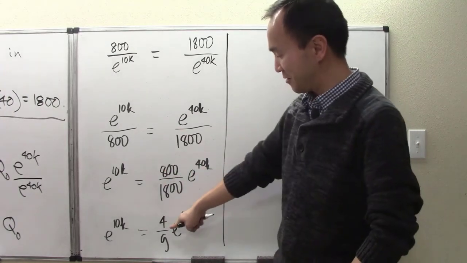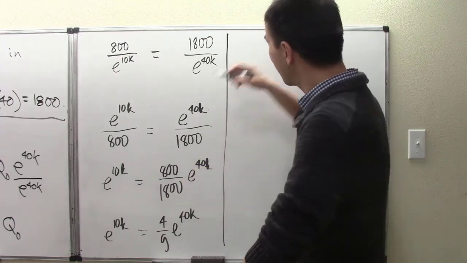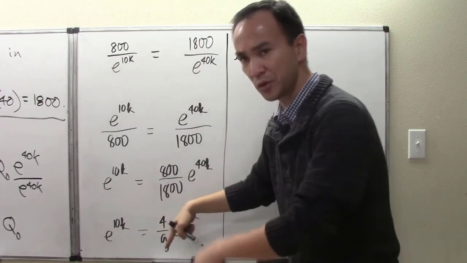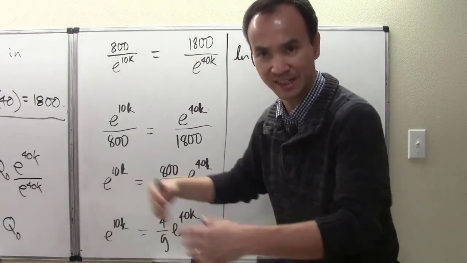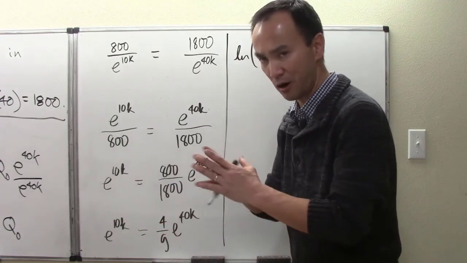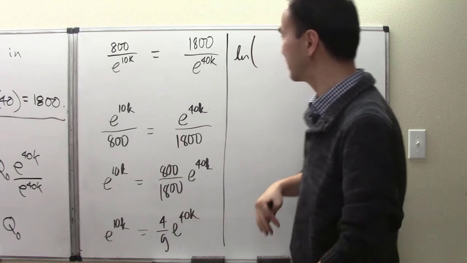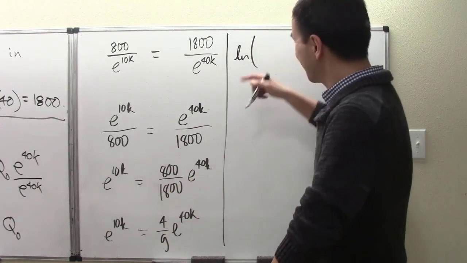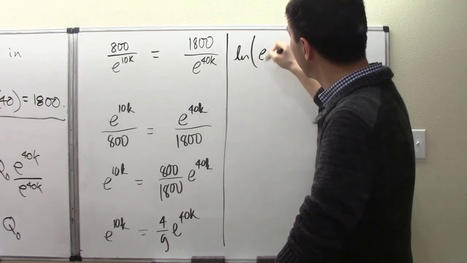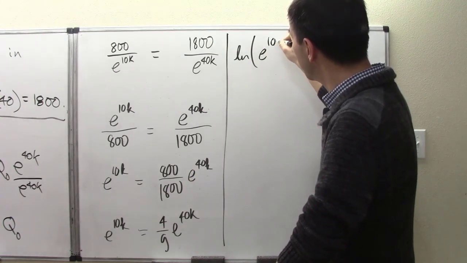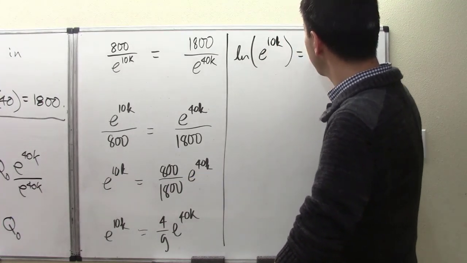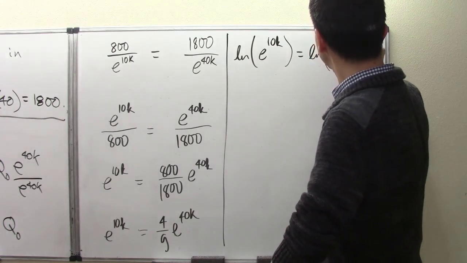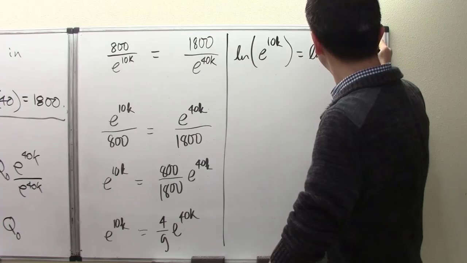So on the left-hand side, I'm going to take a logarithm, and see, it's base e and base e, so it's best to use a natural log. It's just a choice of the log, but a lot of the time it's best to use a natural log, and particularly here it's already base e. All right, so natural log of e to the 10k, and I will take the natural log of 4/9 times e to the 40k.